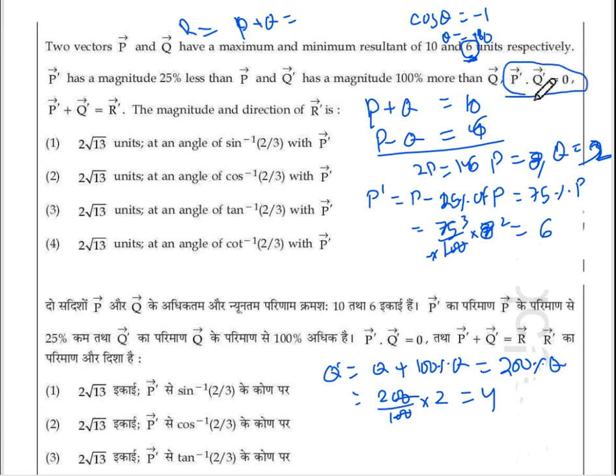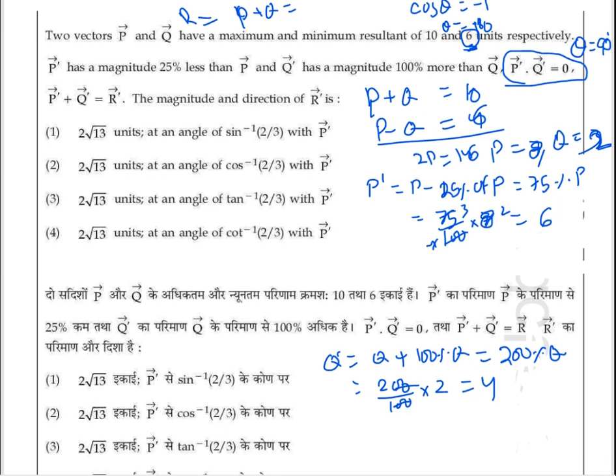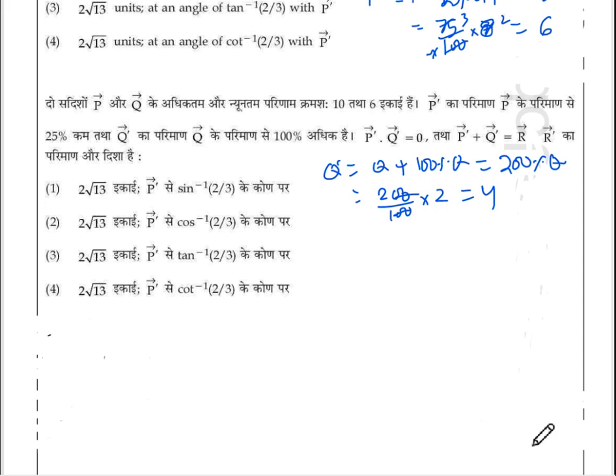So dot product is 0 means the angle theta between P dash and Q dash is 90 degree. So now I have to find the answers.